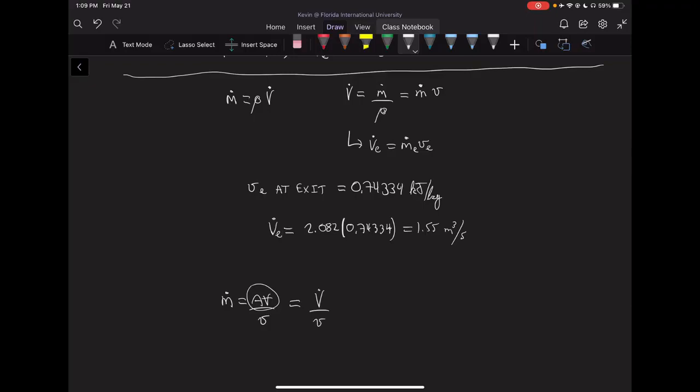And by rearranging, you would get that V dot is equal to m dot v. Okay, so multiple ways of getting to the final answer, but just remember that mass flow rate and volume flow rate are very closely related, and you just have to play with the equations and the values that you have, and use your tables to find your specific volumes, and then you can solve the problem that way.